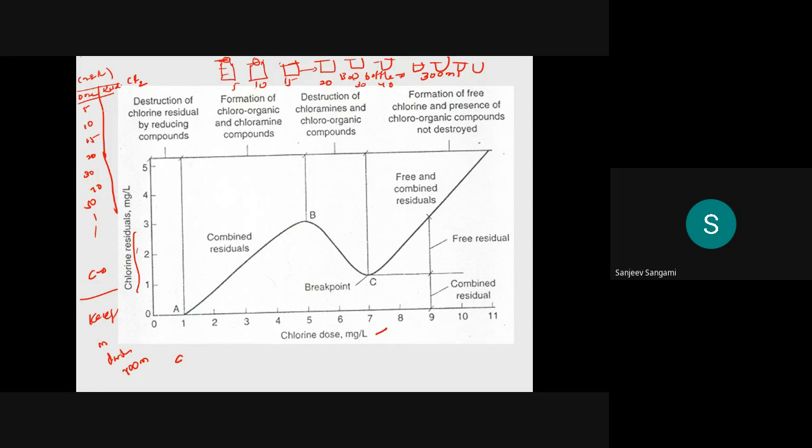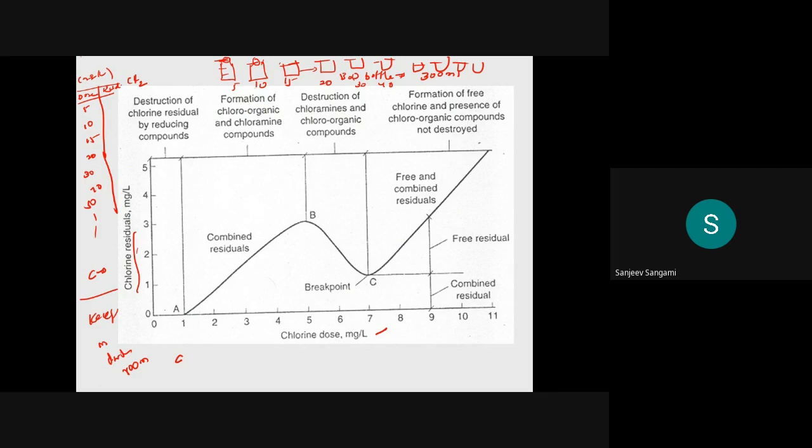Whatever the pathogens or organic matter or Fe, it is going to oxidize, and even kill the pathogens. You keep it in a dark room because these are light sensitive. Even if the pathogens are there, they are inactive in the dark, so the chlorine is very active and the microbes will be inactive.